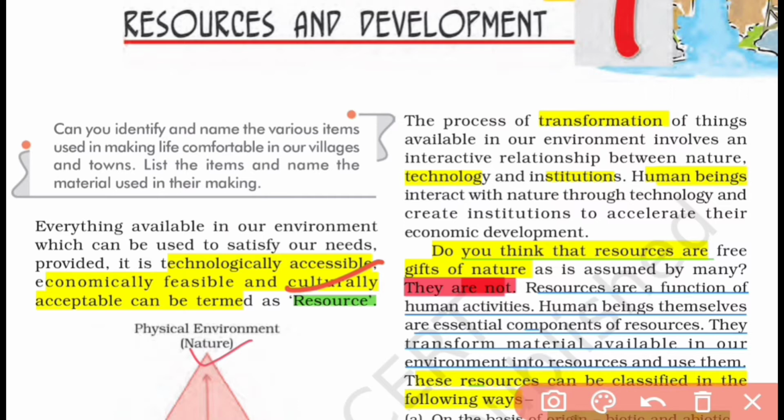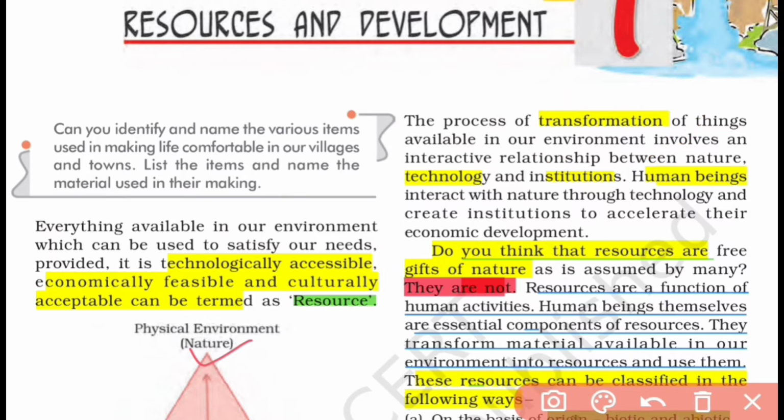The process of transformation of things available in our environment involves an interactive relationship between nature, technology, and institutions. Now here, transformation of materials which we are extracting from the environment involves the interactive relationship between 4 things.